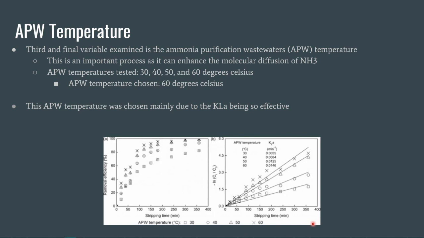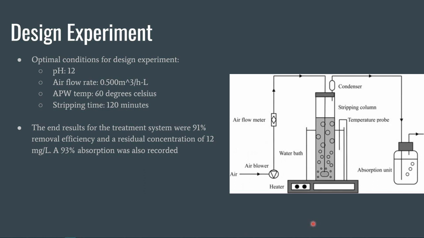With these conditions, the lab experiment was able to achieve a removal efficiency of 91% and a residual concentration of 12 milligrams per liter. A 93% absorption percentage was also achieved. To achieve these end results, an experimental setup was needed, which is shown here on the right.